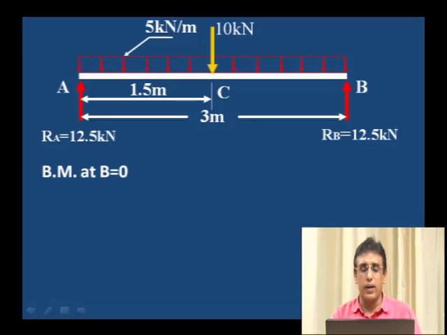Then to calculate the bending moment: at B it is 0 for a simply supported beam.